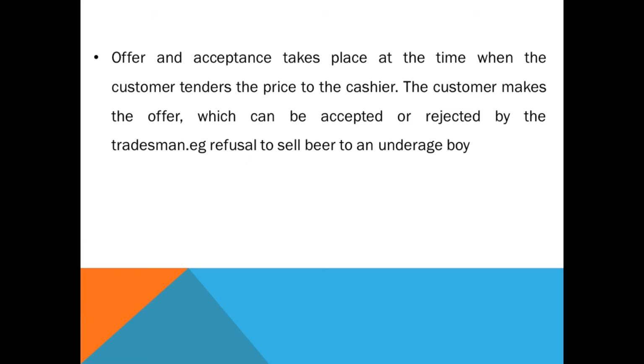Offer and acceptance will now take place at the time when the customer tenders the price to the cashier. The customer makes the offer to buy the product, which can be accepted or rejected by the tradesman or the cashier. For example, refusal to sell beer to an underage boy.